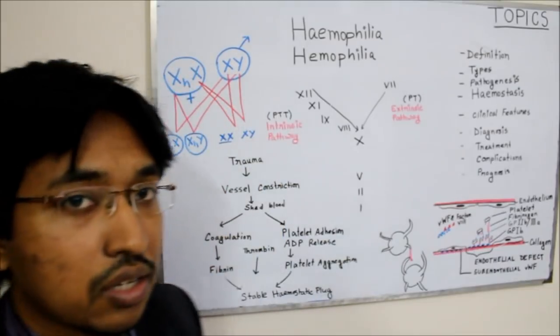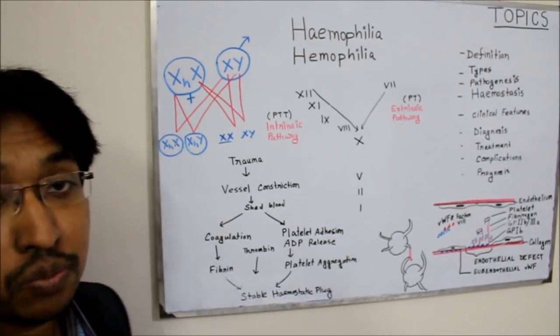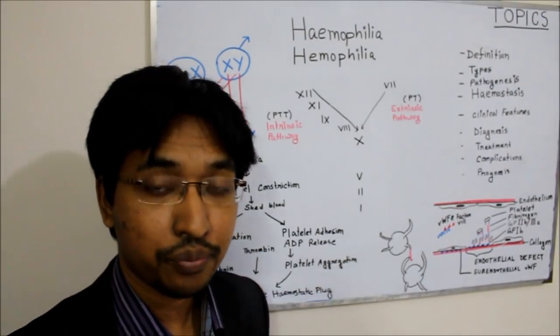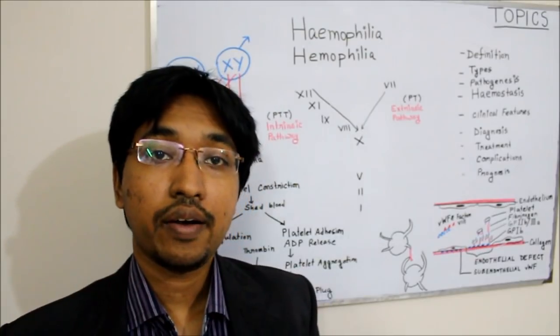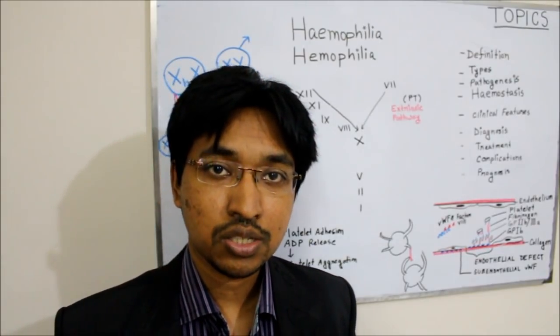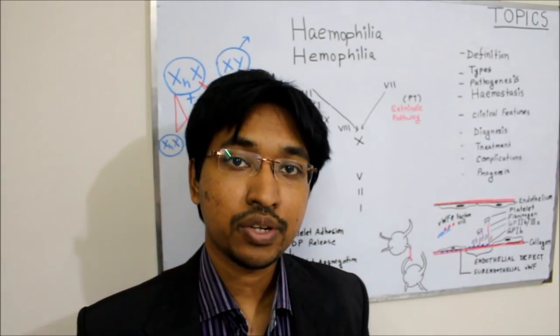Okay, so therefore even with one mutated X chromosome, the males become sufferers. Okay, so that was the explanation why X-linked recessive disease causes disease in the male, but the females are often seen as carriers.